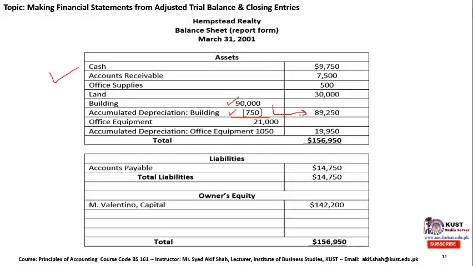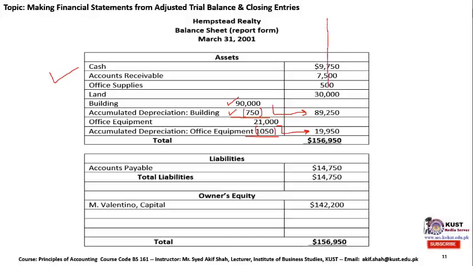Let me tell you once again, there is no debit and credit column at all. After that, office equipment cost was 21,000 and its accumulated depreciation was $1,050. You have to mention it in a bracket so that it represents that you are subtracting this accumulated depreciation from the original cost of the asset, and the resultant value should be written in the final column.